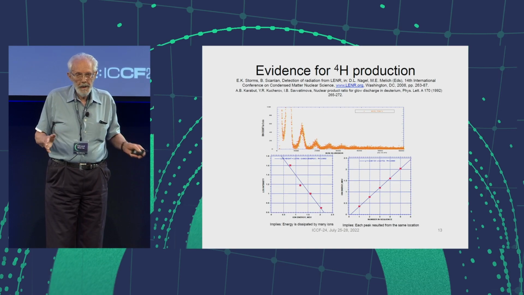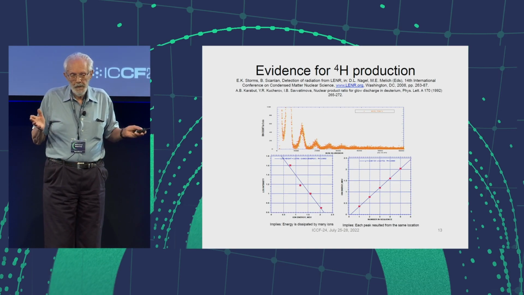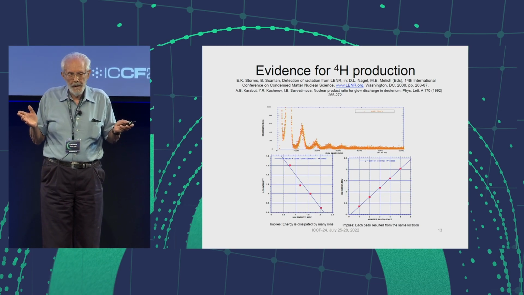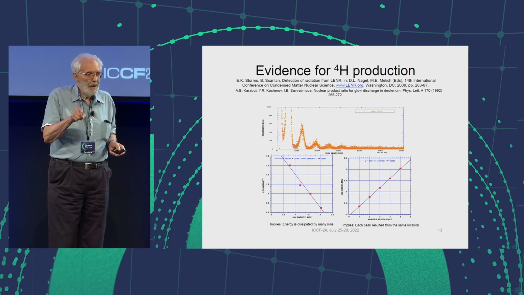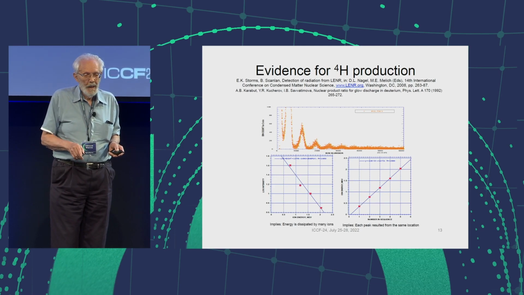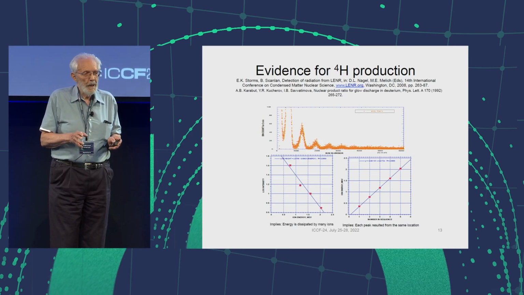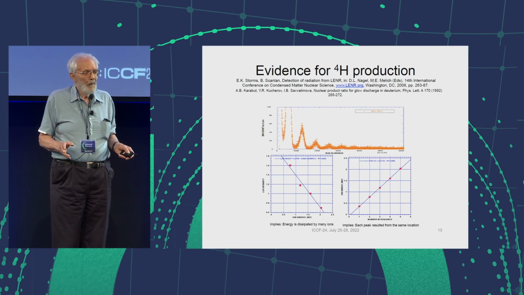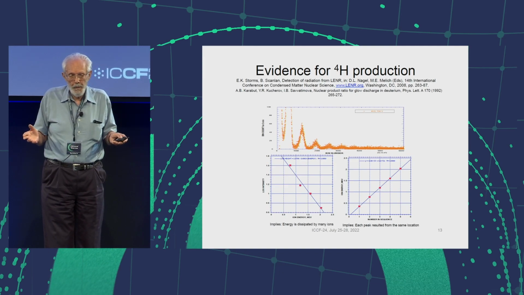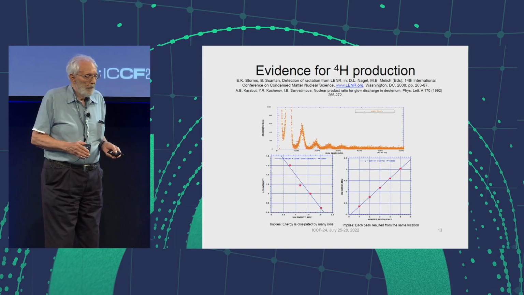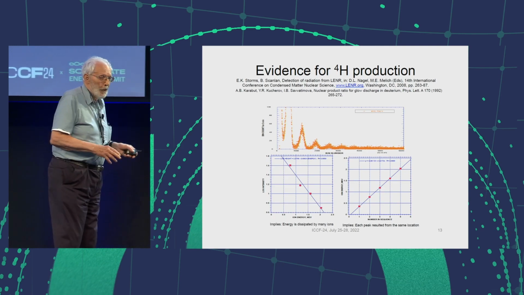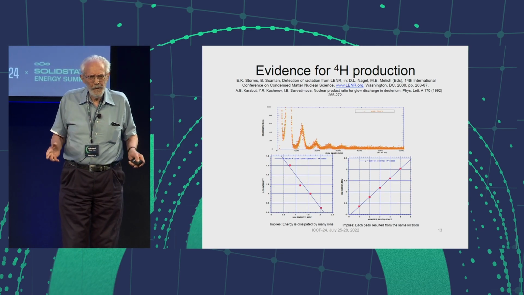Everybody assumes that helium is being given off because that's a product you see. That's what you detect. This is not helium. Its behavior is consistent with an isotope of hydrogen. Now, which isotope of hydrogen, I don't know. But I'm encouraged to believe that it's hydrogen-4.